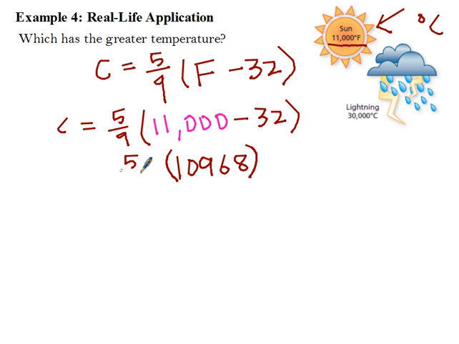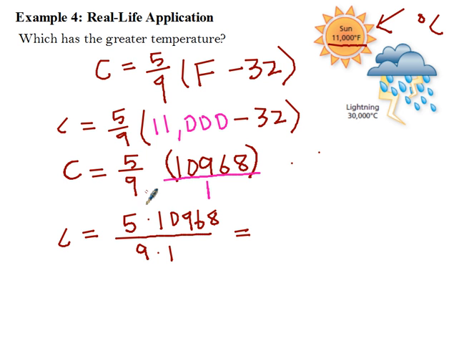Now, 5/9 stays in front, and this is in Celsius. Remember, when you're multiplying a whole number by a fraction, you can change the whole number to a fraction by putting 1 under it. Then you need to multiply 5 by 10,968 and 9 by 1. See how I have 5 times 10,968 over 9 times 1.